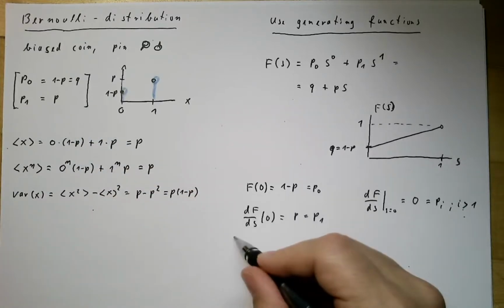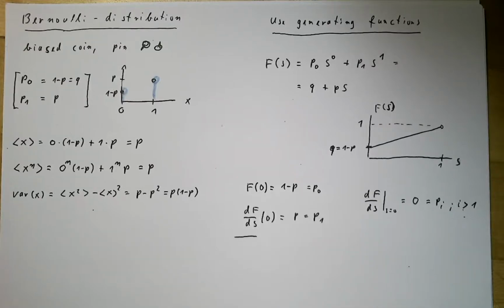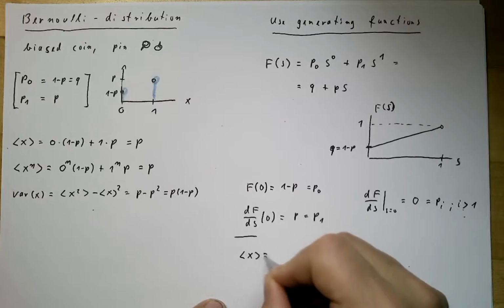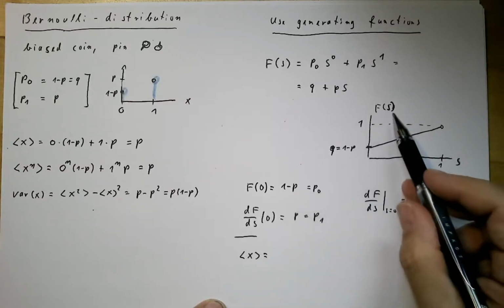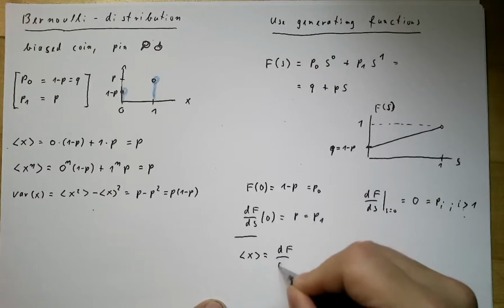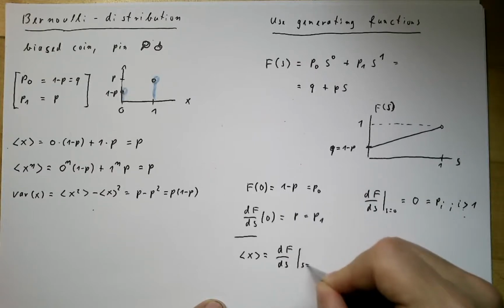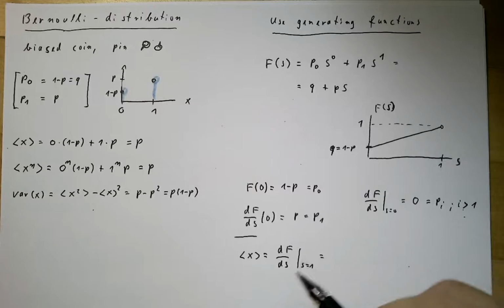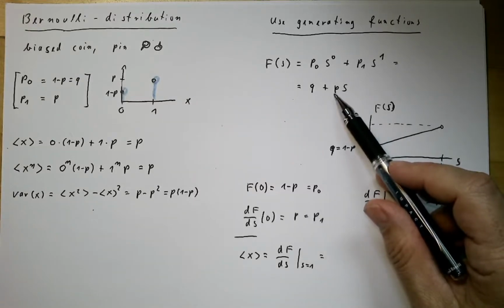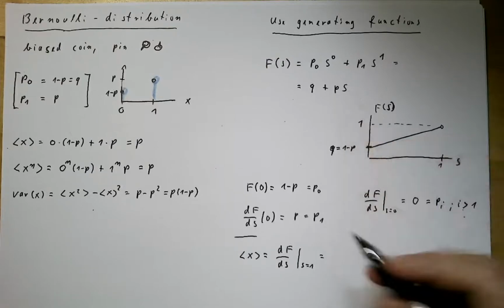So how can we calculate moments with the generating function? We know the expectation value of x is just the derivative df over ds at s equal 1. We take the derivative, it's just P at this position 1.